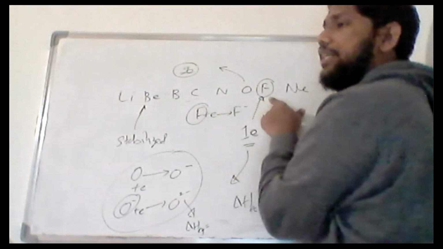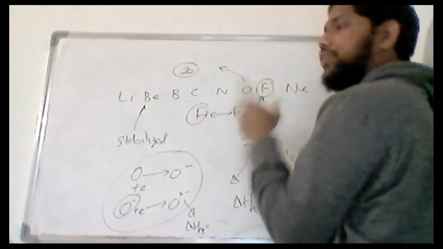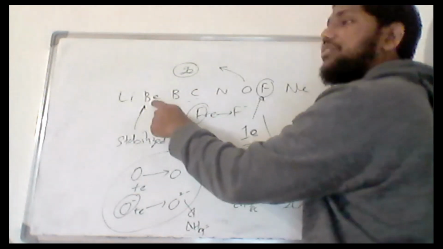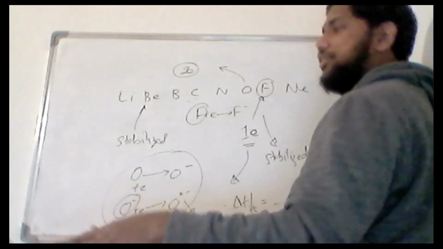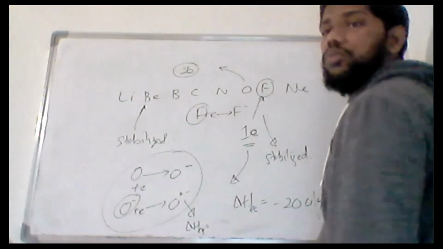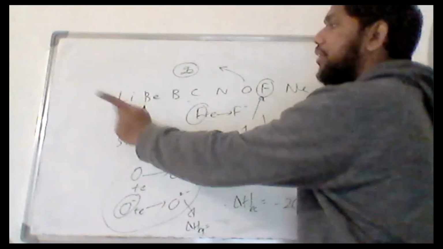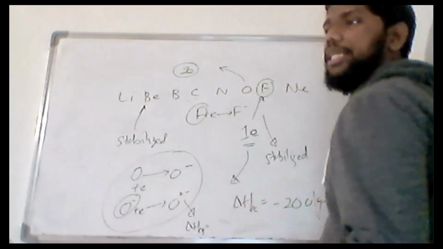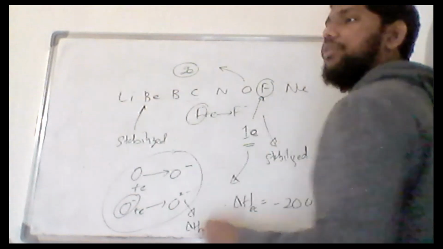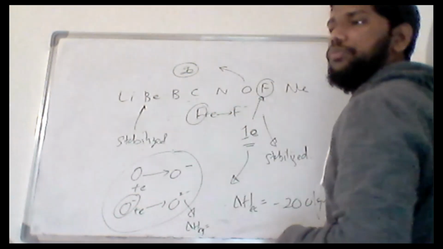But the problem here is that for fluorine it is very easy, so it will have a more negative value. Here it is already stabilized, so you have to provide energy to give an electron. Even this one will be a little bit easier, because it has only 1 electron and you are going to put one to get the stable configuration.